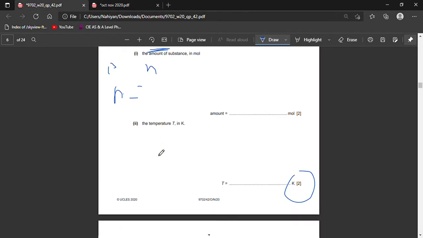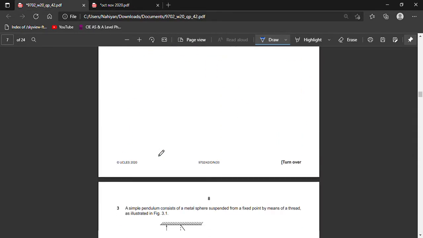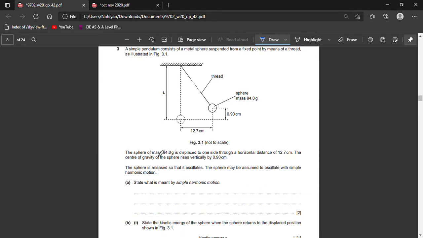So moving on, a simple pendulum consists of a metal sphere. Okay, so there's a pendulum suspended from a fixed point by means of a thread. It has a mass, and this is a horizontal displacement and this is a vertical displacement.